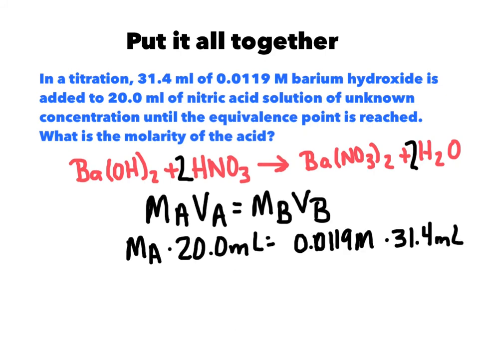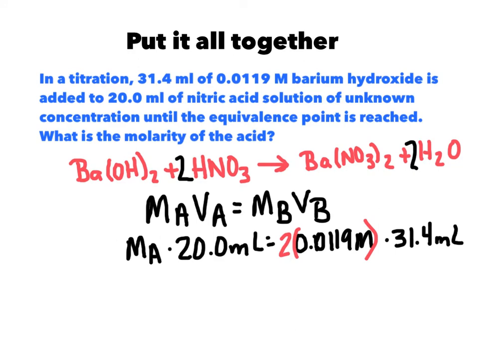So now we use our formula MAVA equals MBVB. Our VA is our volume of our nitric acid, right up here, 20 milliliters. Our MB is 0.0119 molar, but remember, each one of these produces 2 ions of hydroxide. So what I have to do is multiply this one by 2, 2 times that, and then my VB is my volume of my base, which was 31.4 milliliters.